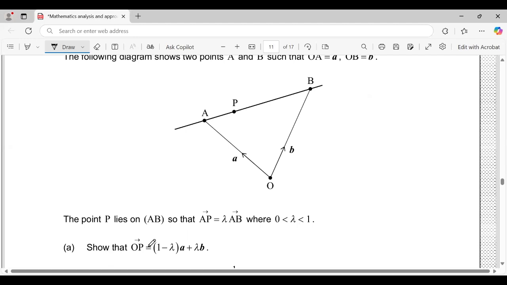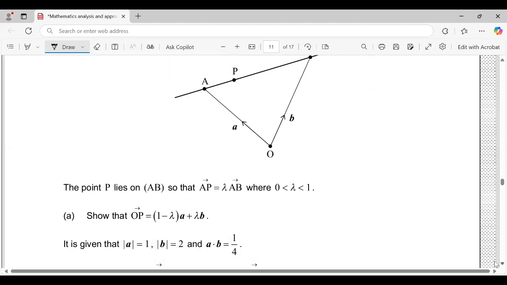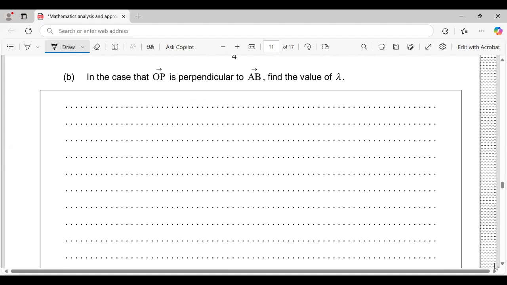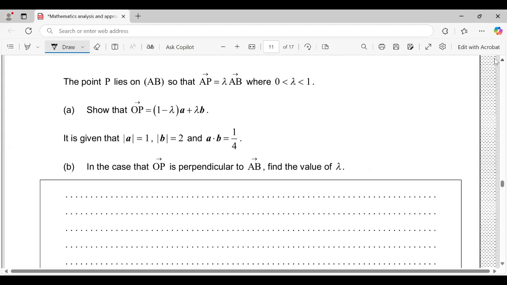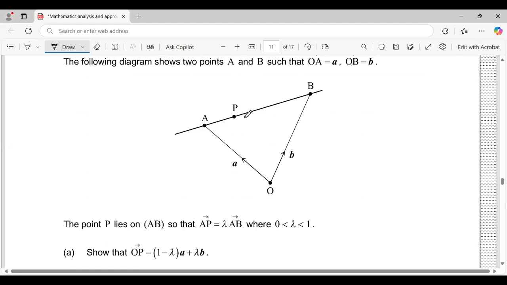Show that vector OP equals (1 minus lambda) a plus lambda b. I would like to draw a straight line OP.